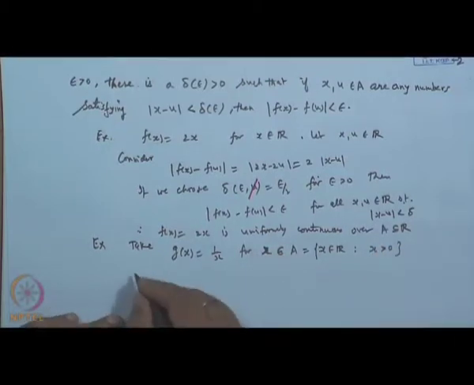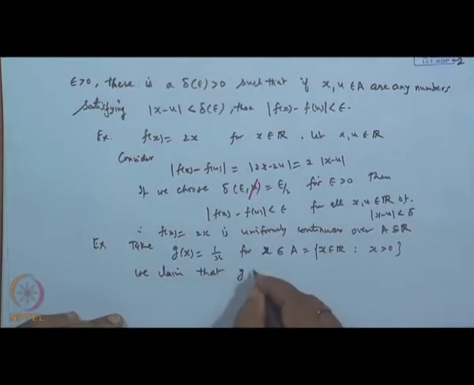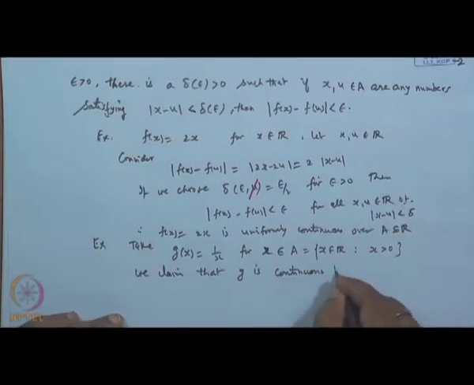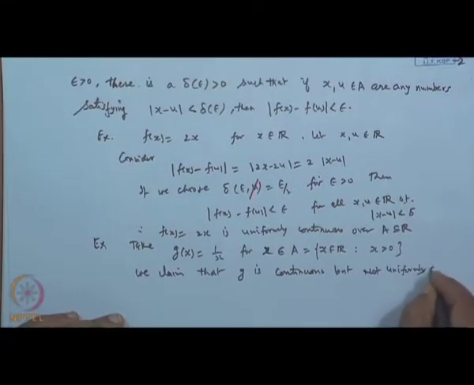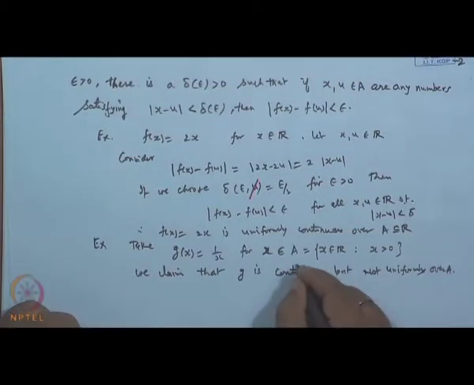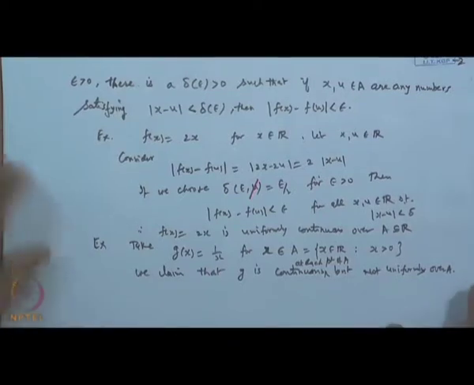Now, we claim that this function g is continuous, but not uniformly continuous over A. It is continuous at each point of A, but not uniformly. Let us see how.